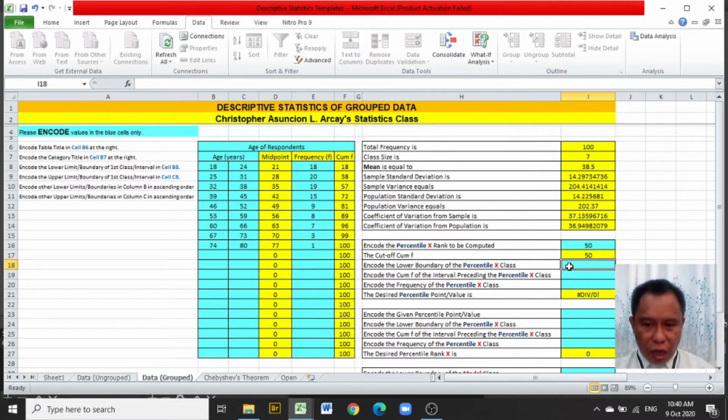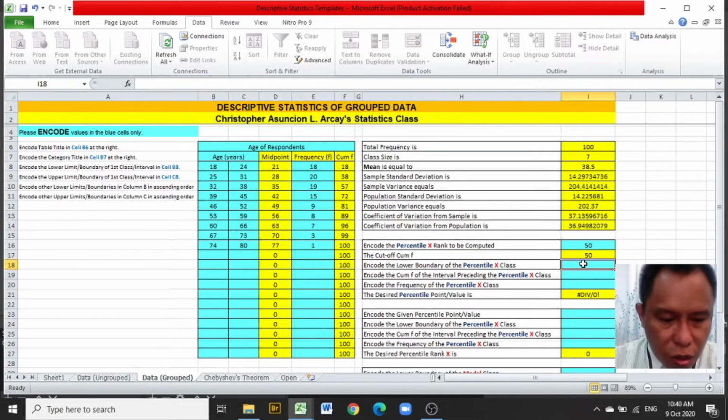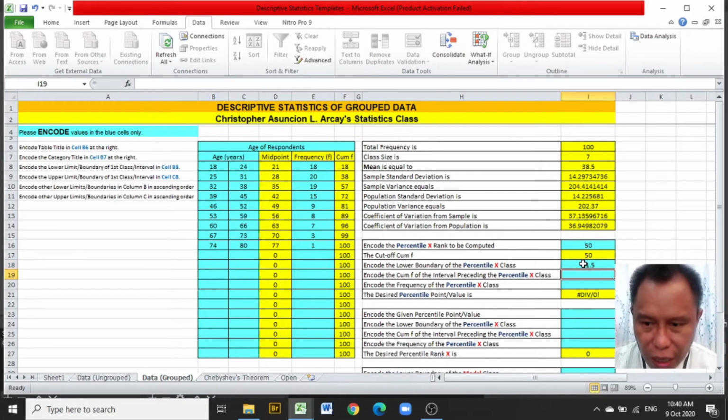The first is to encode the lower boundary of the percentile X class, which means in this case, the median class. So, since the median class is 32 to 38, its lower boundary is 31.5 because we subtract 0.5 from the lower limit.